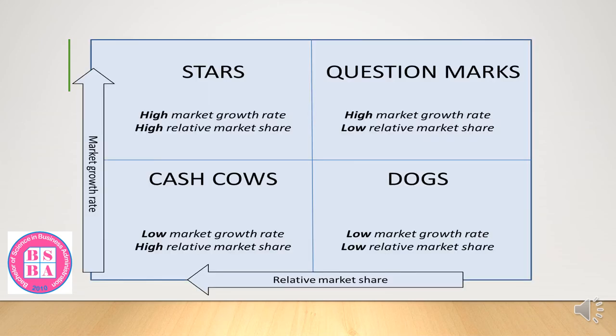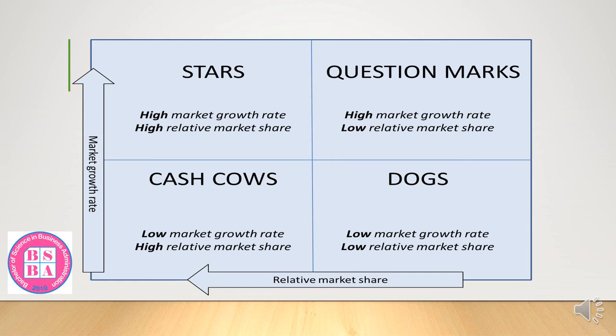And here in the illustrations, pag sinabi nating stars, we have a high market growth rate, high relative market share. Cash cow pertains to a low market growth rate and high relative market share. When we talk about question marks, a high market growth rate and a low relative market share.